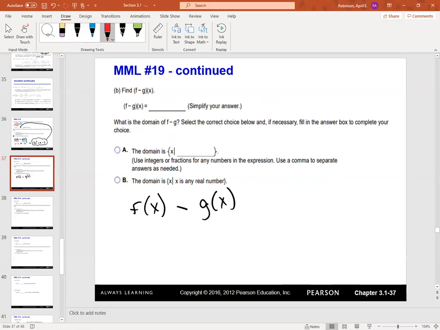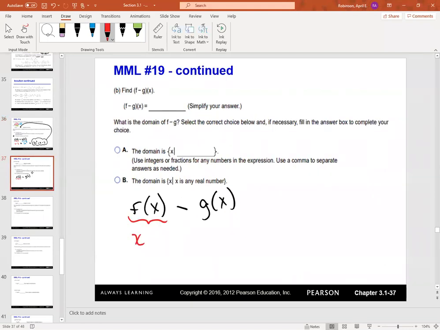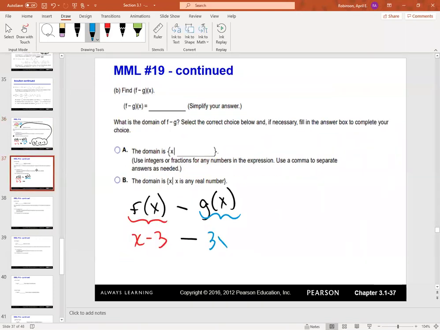Again, f of x was x minus 3, so x minus 3 goes there, minus g of x, and g of x was 3x squared. None of those are like terms, so you can just put it in like that into Mymathlab, because there are no like terms.